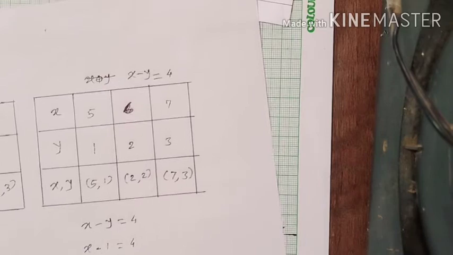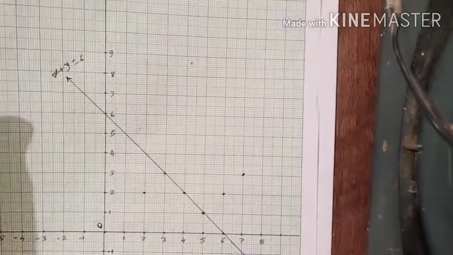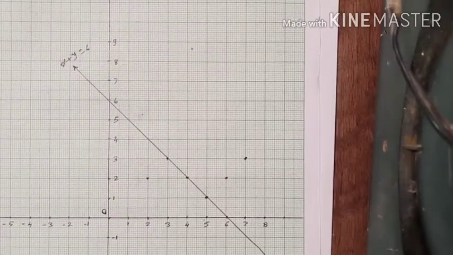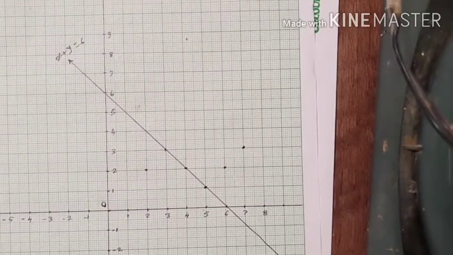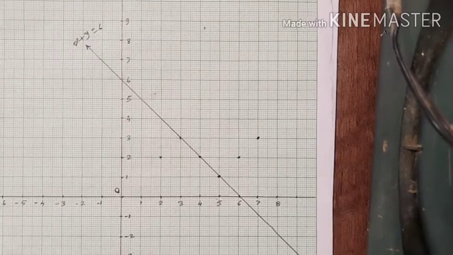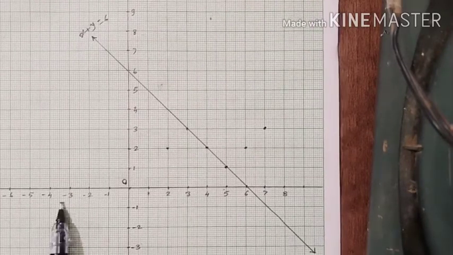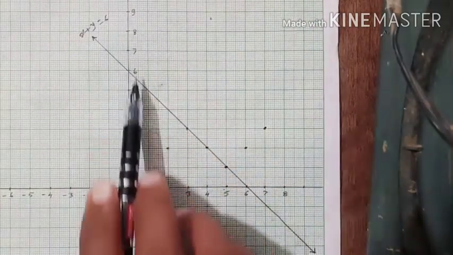Now we will come to the point. It is the graph paper and I have put the points on that graph paper. At first you have to draw the graph. It is the x-axis and it is the y-axis.